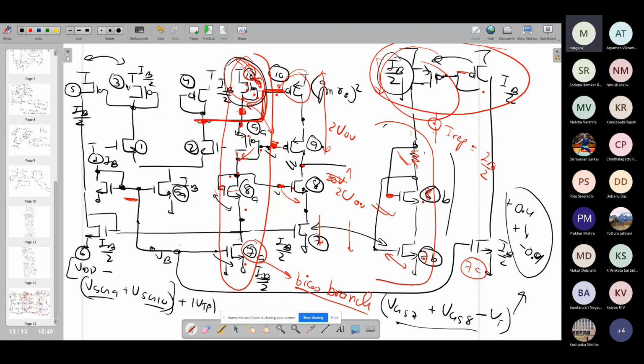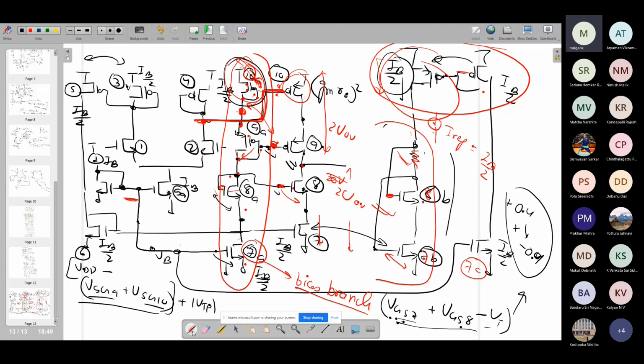Because you have a VSG7 plus VSG8, and here you have VSG9 plus VSG10, they are going to be similar in magnitude. VDD minus these two VSG and 0 plus these two VSG are similar in magnitude, and this is plus VT and this is minus VT. So on top of that, you will get the output DC point plus minus VT almost as the swing.